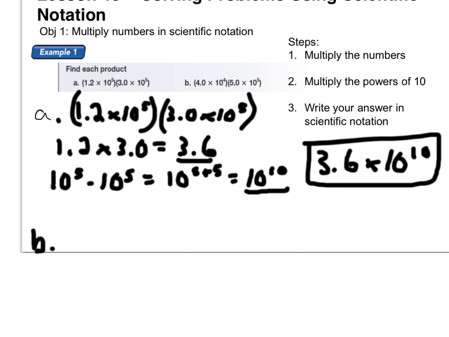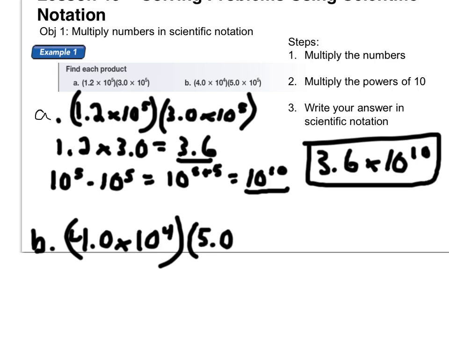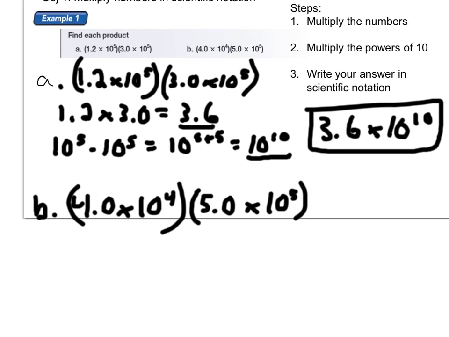Same thing, we're going to do 4.0 times 10 to the 4th, and we're going to multiply that times 5.0 times 10 to the 5th. First step is to multiply the numbers. So I'm going to take 4.0 times 5.0.